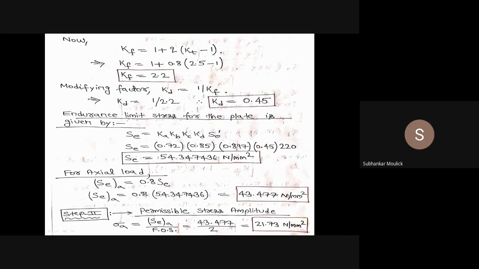Se dash we have also calculated, that is 0.5 times Sut, that is 200. So if you solve this expression, you will get the value of Se, the actual endurance limit for the specimen, which is 54.347436 Newton per mm square. Is it clear?